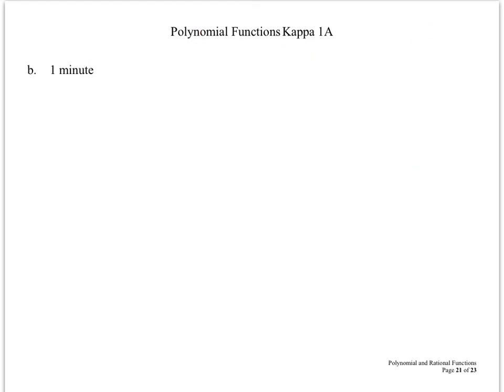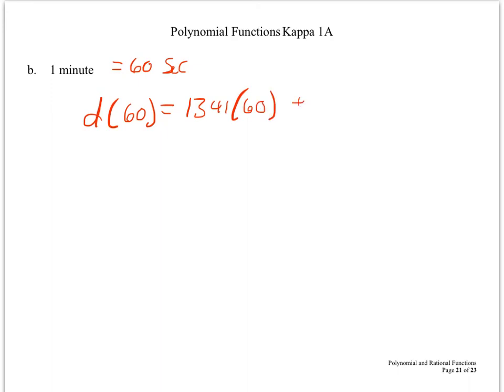Supposed to figure out how far it is after 1 minute. 1 minute is 60 seconds. So we got d of 60 equals 1341 times 60 plus 8.2 times 60 squared. 1341 times 60 is 80,460. 60 squared is 3,600.